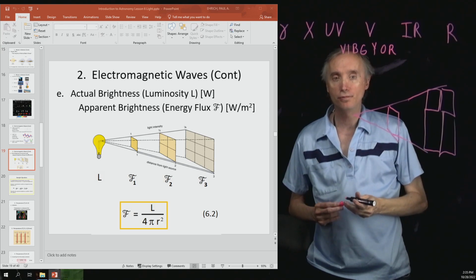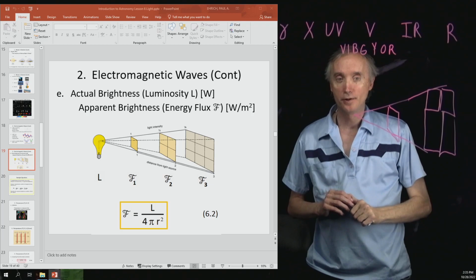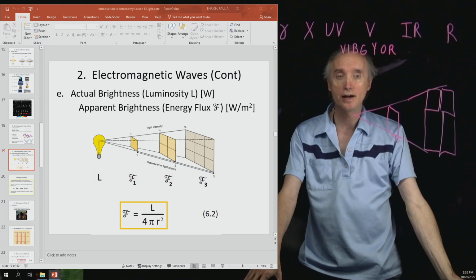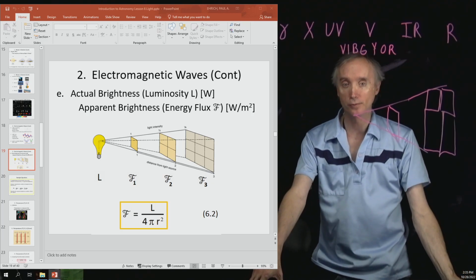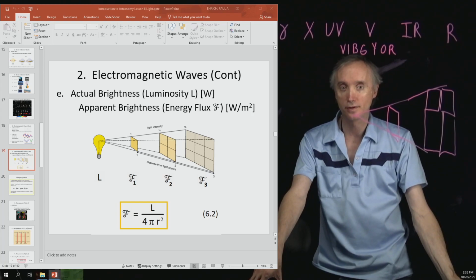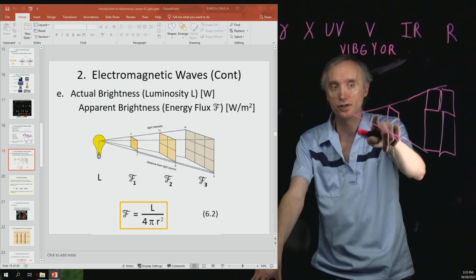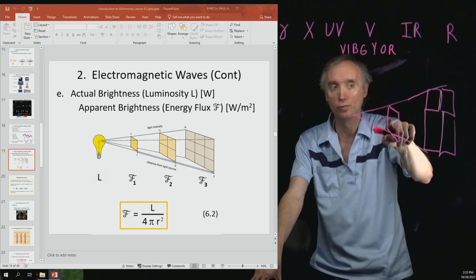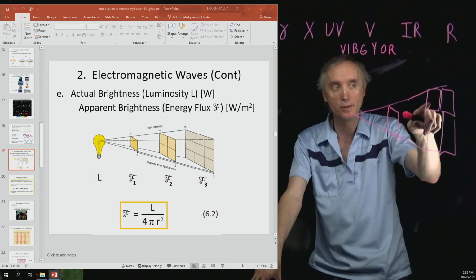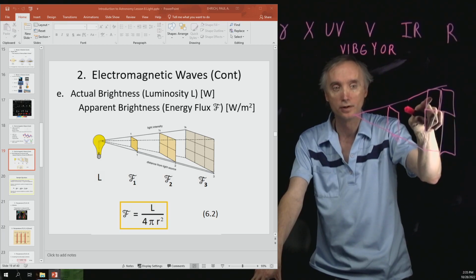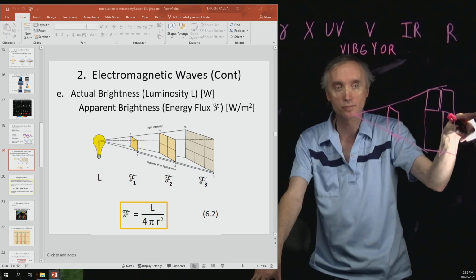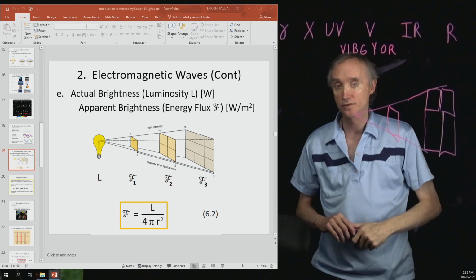And then if you go 3 times further away, you notice you need to have 9 squares in order to capture all of that light. But do you notice that the light is getting dimmer? That's because the energy that was spread out over 1 square is being spread out over 4 squares, and then over 9 squares.